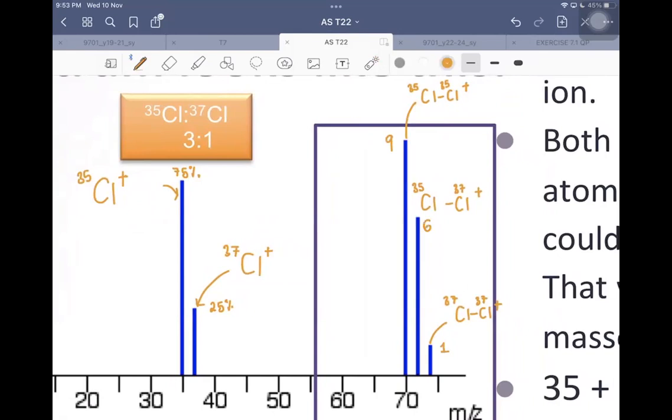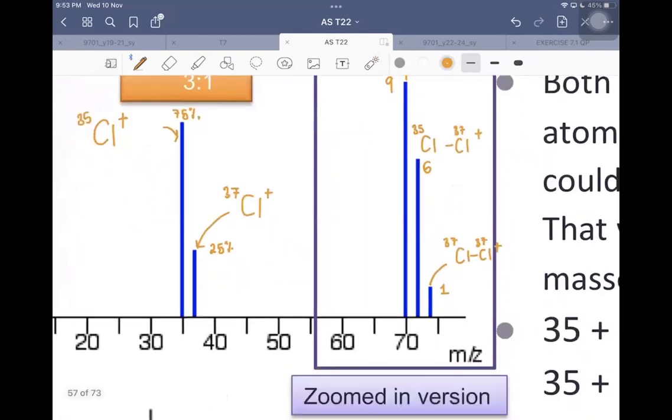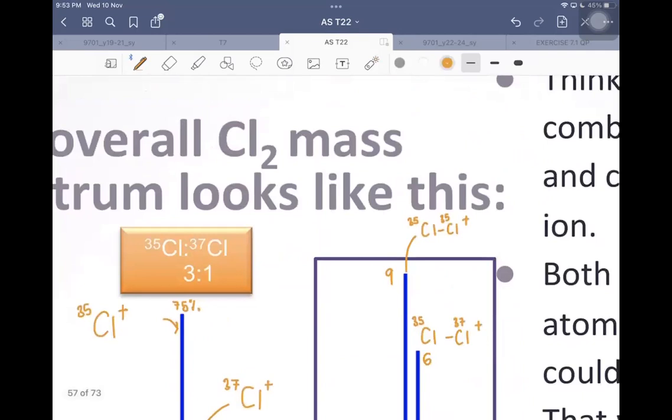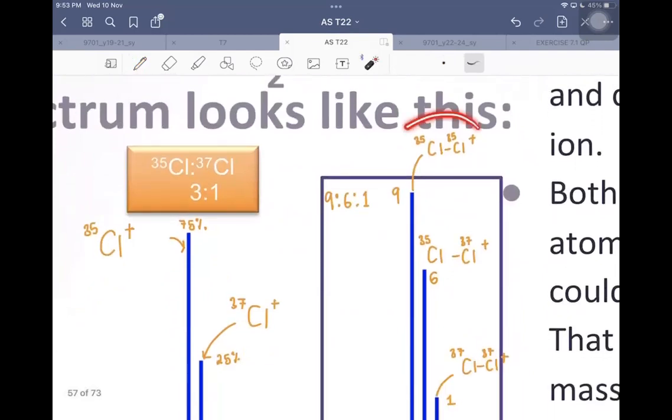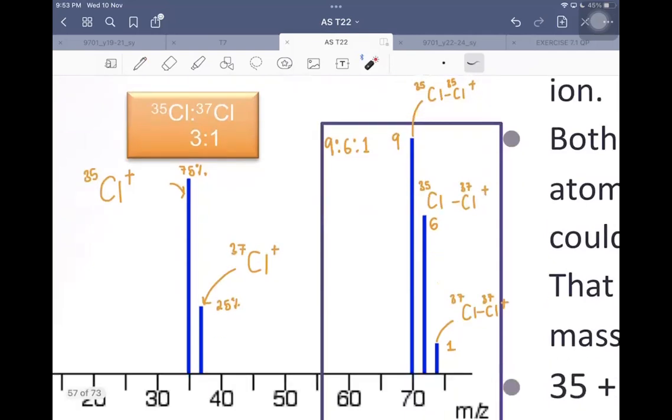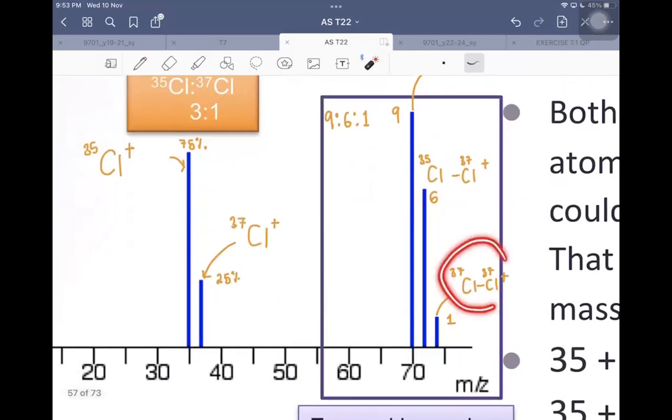So we write the ratio as 9 to 6 to 1. The most common species that you will find is the combination of chlorine 35 with chlorine 35, whereas the least common combination you will see is chlorine 37 and chlorine 37.